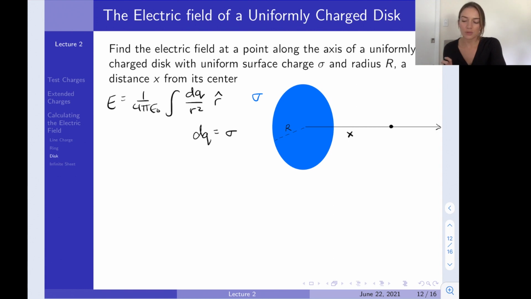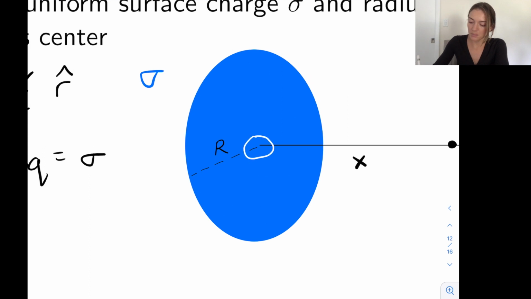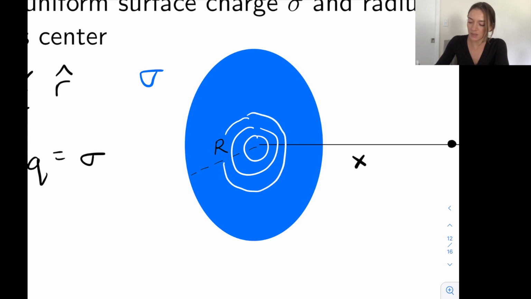So now, since it's not a prerequisite to have seen integrals using cylindrical coordinates, we're going to break it up into a bunch of little rings, and then we're going to integrate over those little rings. So imagine an infinitesimal number of little rings making up my disk.